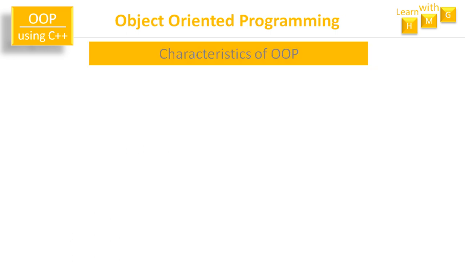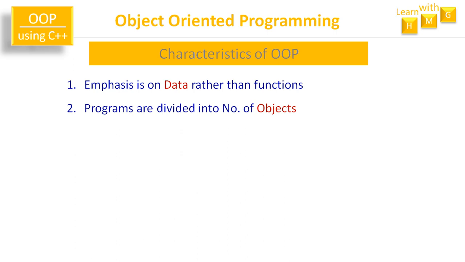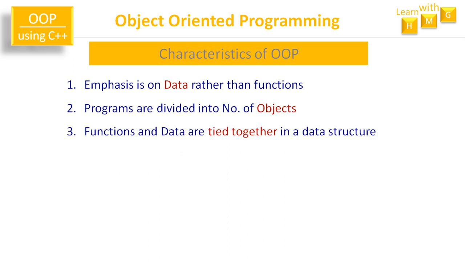Let us see the characteristics of OOP. The main emphasis is on data rather than functions, as the data is the main entity of OOP. So the emphasis is obviously on the data, not on the function. The program is divided into a number of objects. Functions and data are tied together in a data structure. So there is one data structure, which we will see further, called a class, in which the data and functions are bound together or tied together.